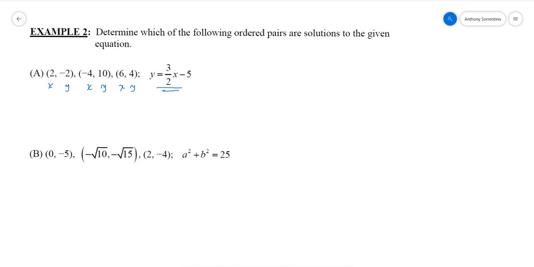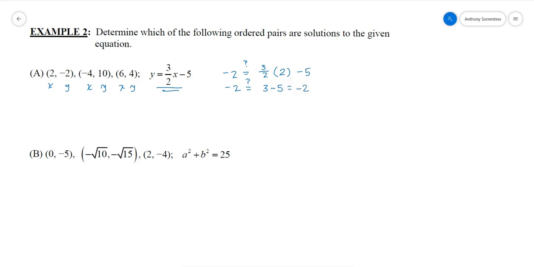So if I take the first point, 2, -2, y is -2. A little question mark here because I don't know yet. 3/2 times 2 minus 5. It's 3/2 times 2 is 3, minus 5, which does equal -2.